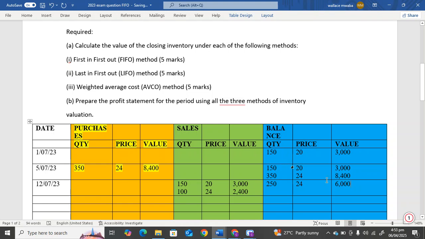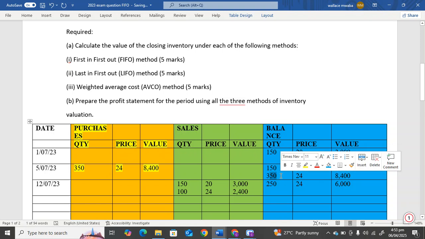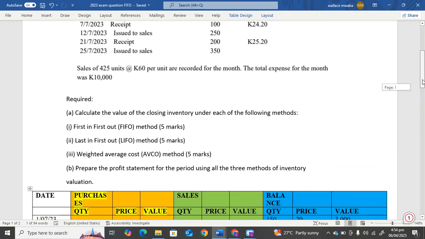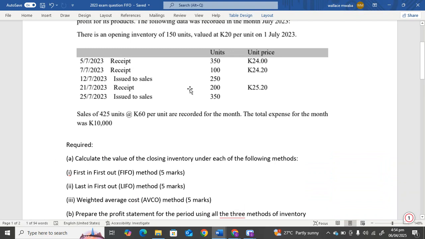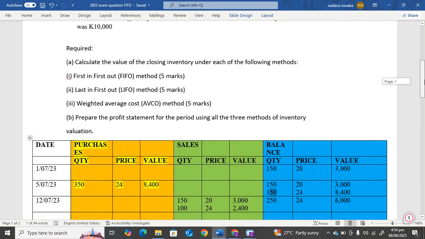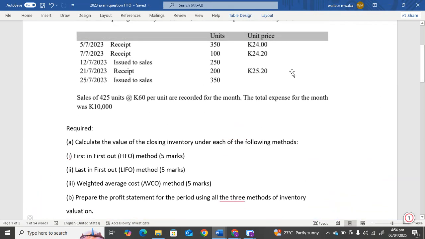These 150, we sold all of them. Then because we sold 250, we get the first 150 from the first batch, then now we come into the second batch. So next transaction, we purchase goods.